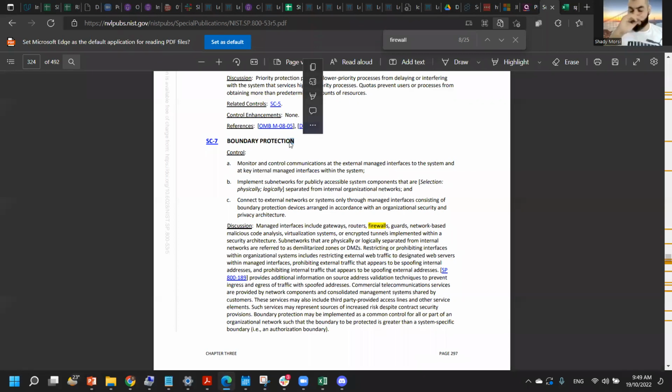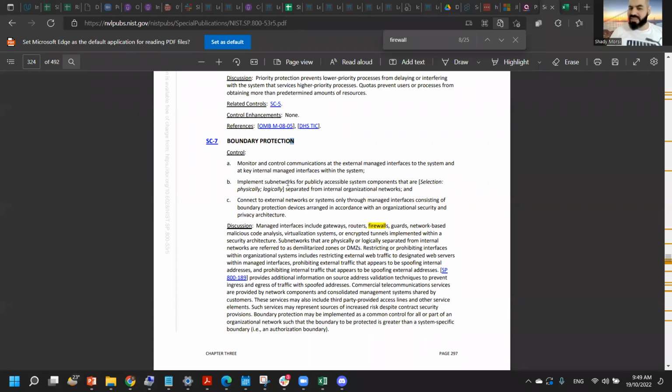Boundary means the boundaries between you and the external world. It says here: monitor and control communication at the external managed interfaces to the system, and at key internal managed interfaces within the system. So you need to manage and control the traffic coming from outside and inside.